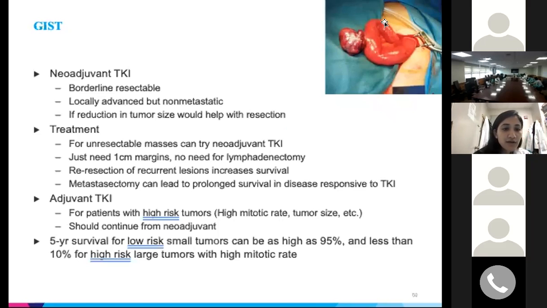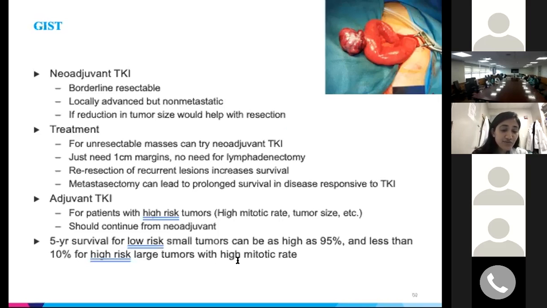In terms of re-resection of recurrent lesions, there is new data that resection of recurrent GIST does increase survival. If the patient does have recurrent disease, then you would add adjuvant imatinib.